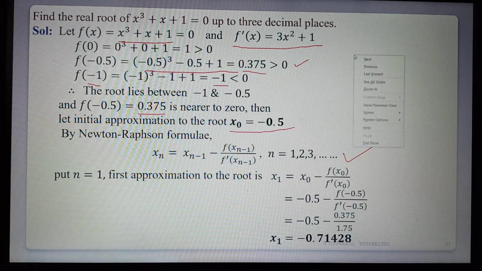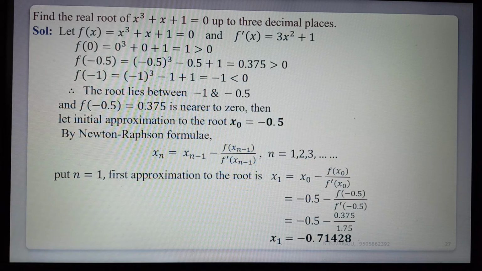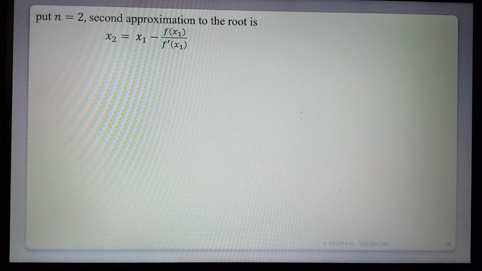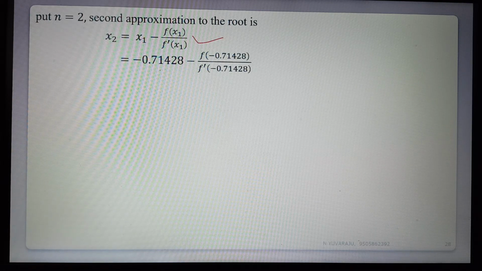Remaining, we have to find the next approximations. Second approximation: x2 is equal to x1 minus f of x1 by f dash of x1.